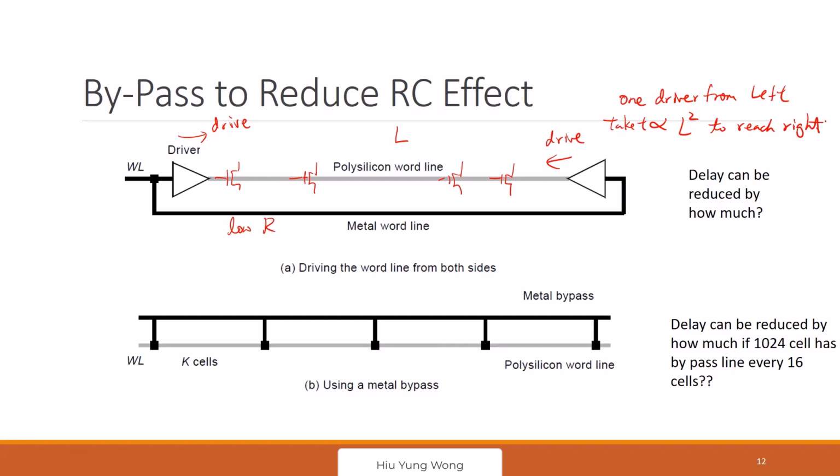Make sense? If you remember the distributed model we learned before, each segment has a resistance and a parasitic capacitance. So it takes L squared.